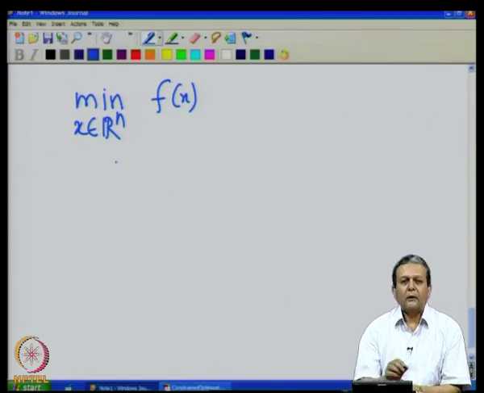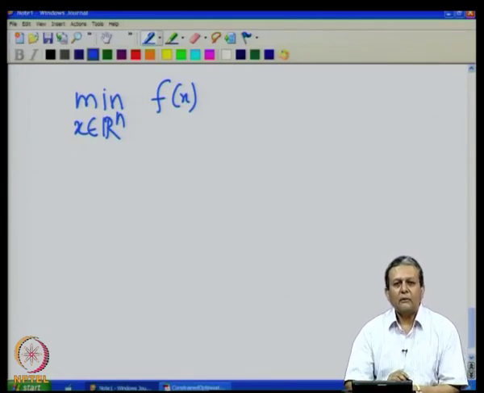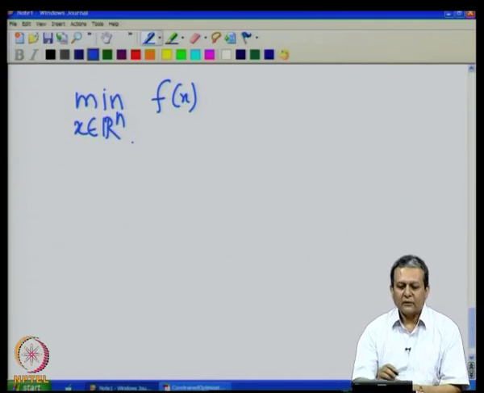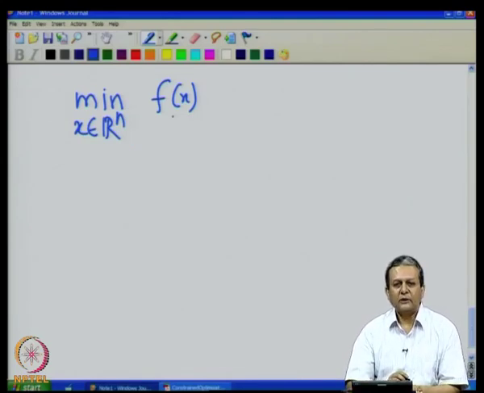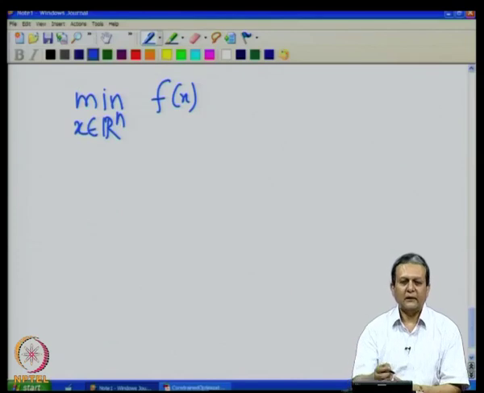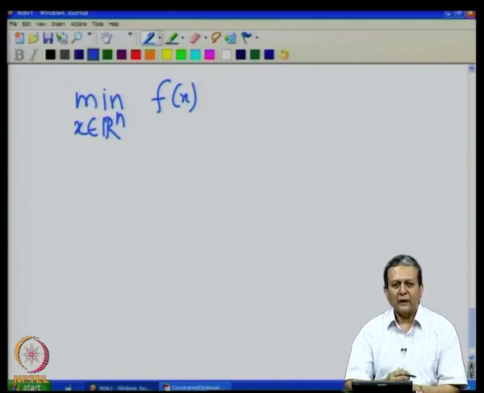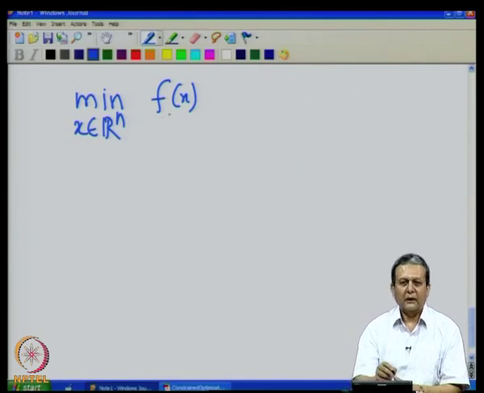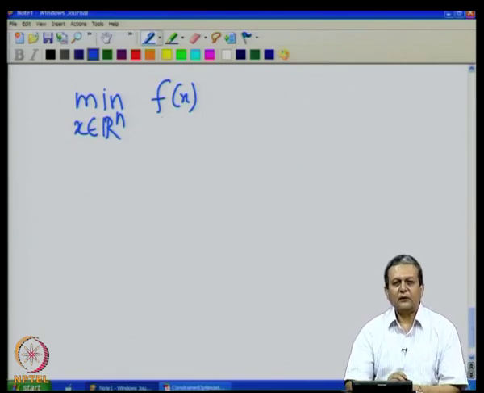So, the necessary condition for a local minimum is that the gradient of this function should be 0, and the sufficient condition is that the Hessian matrix should be positive semi-definite. If the Hessian matrix is positive definite at a point x star where the gradient of the function vanishes, we say that that point is a strict local minimum.